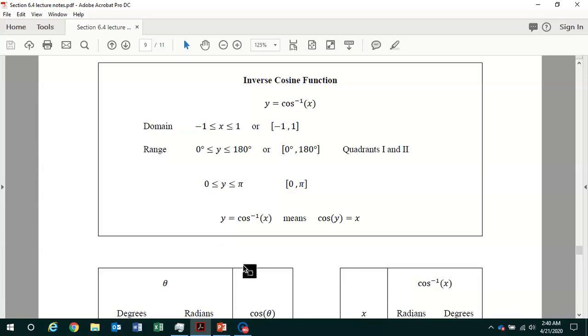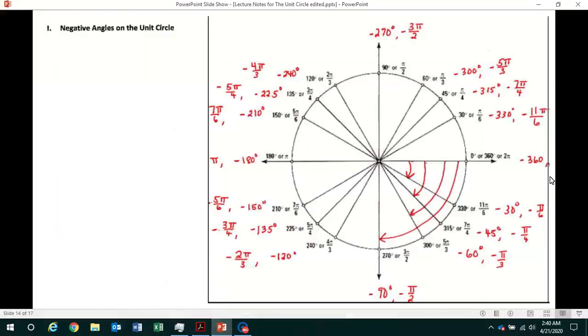The inverse cosine function uses the angles from 0 to 180 degrees on the unit circle. Here's 0 degrees, here's 90 degrees, and here's 180. Those are the angles that come out of the inverse cosine function, between 0 and 180 degrees, going in a counterclockwise direction.